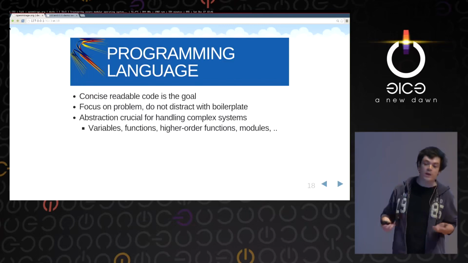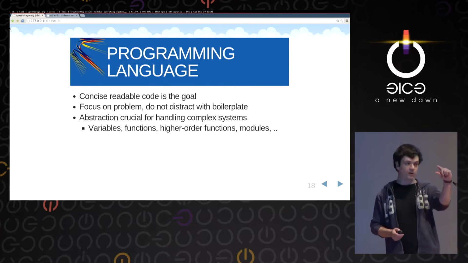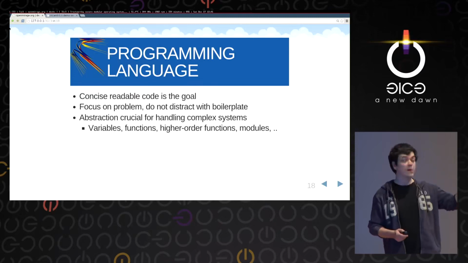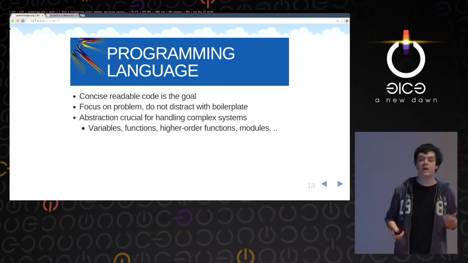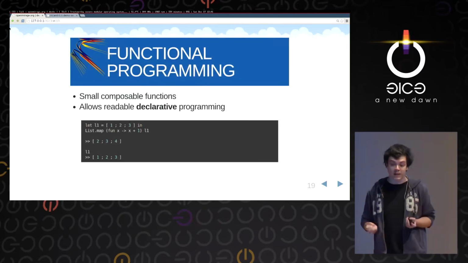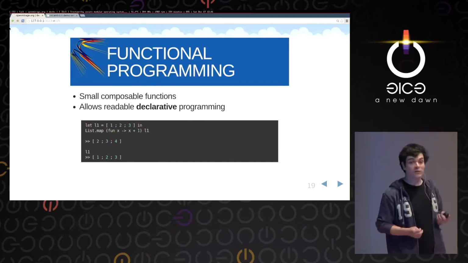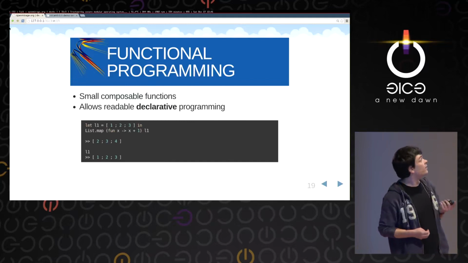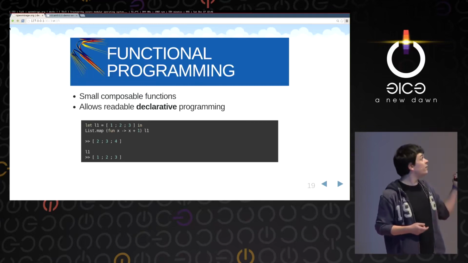So we need abstraction to do that, and we want to achieve code that is small and that corresponds to the expression of the solution and doesn't contain other not really needed information. So what we do is use functional programming. Here's an example: sending a function that increments the element by 1 to another function, which operates over a list, and then using that function to transform a list into another one.